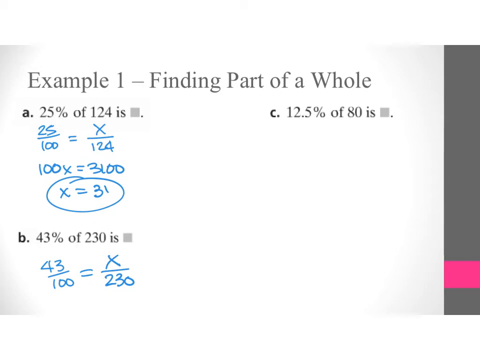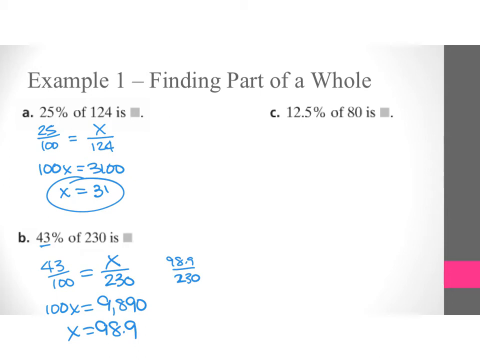So again, I have 100x equals 43 times 230 is 9,890. So when I divide both sides by 100, I end up with 98.9. So again, if I just double check my math, if I took 98.9 and I divided it by 230, you should end up with 43% or 0.43.